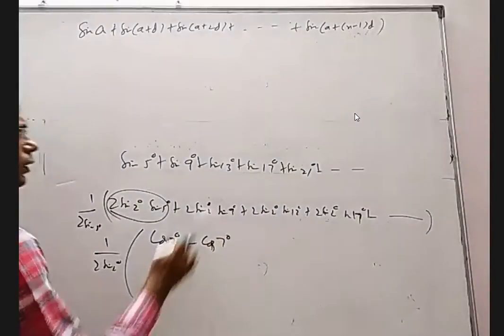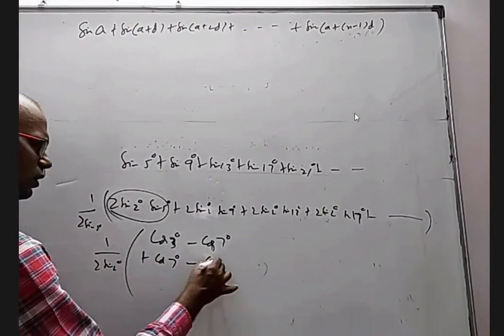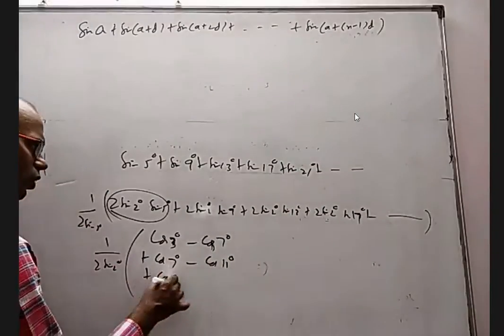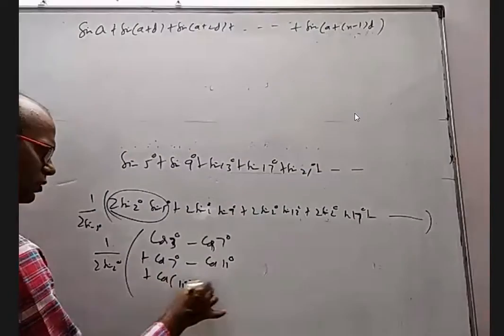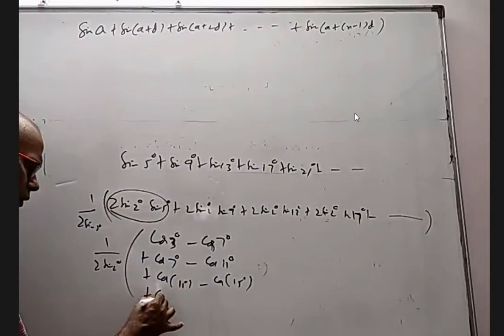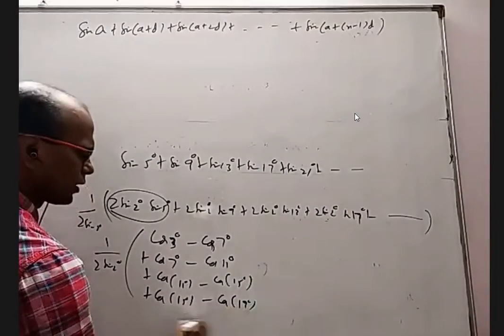What about this? Cos 9 minus 2, 7 degrees, minus cos 9 plus 2, 11 degrees. Then cos 13 minus 2, 11 degrees, and 13 plus 2, 15 degrees. And cos 17 minus 2, 15 degrees, 17 plus 2, 19 degrees.